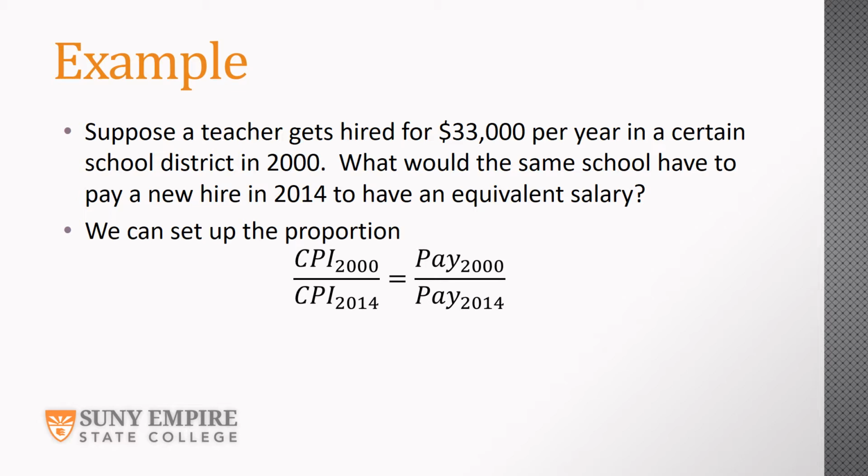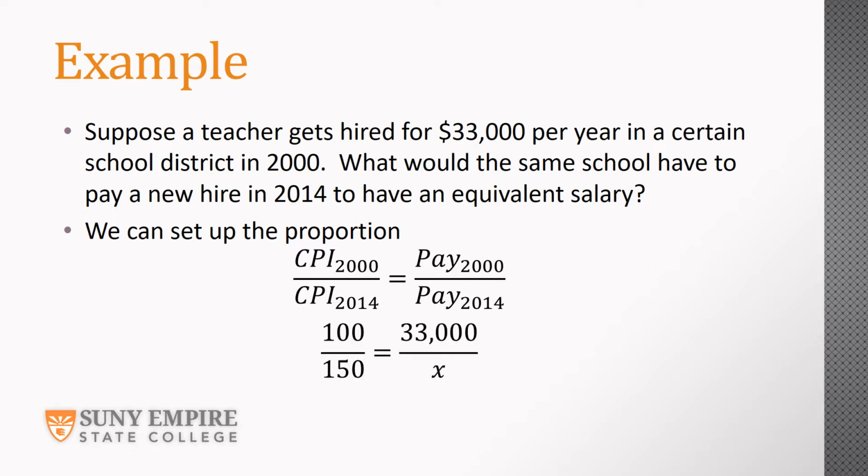Since we know the Consumer Price Index for both years and the pay for the year 2000, we can set up a proportion to calculate the equivalent salary. More specifically, we can set up the proportion CPI in 2000 over the CPI in 2014 equals the pay in 2000 over the pay in 2014.